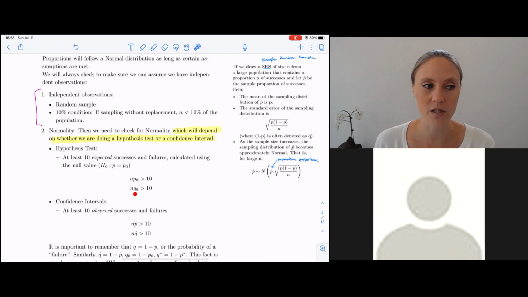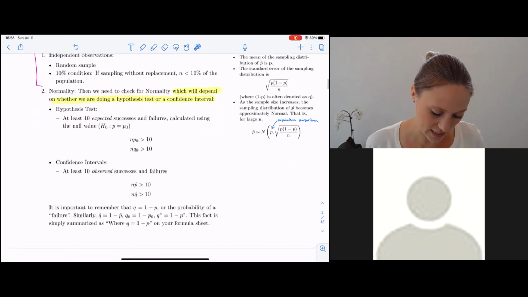And then n times q naught is just n times 1 minus p naught, which is the expected number of failures. And both of those have to be larger than 10. It gets confusing because here we have n has to be less than 10% of the population. And here the expected successes and the expected failures have to be more than 10, a count of 10.